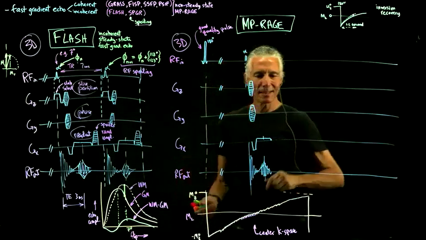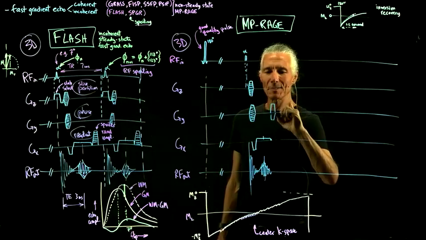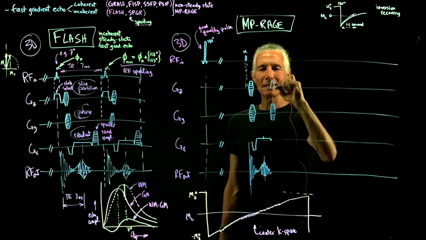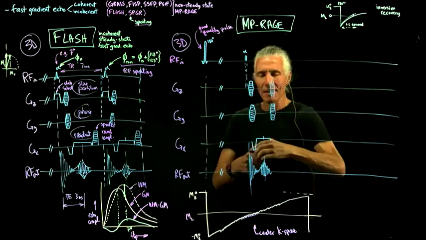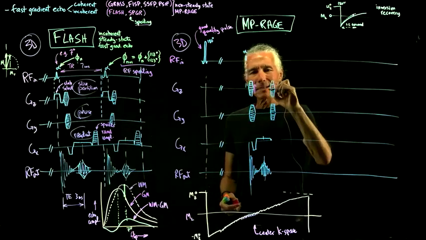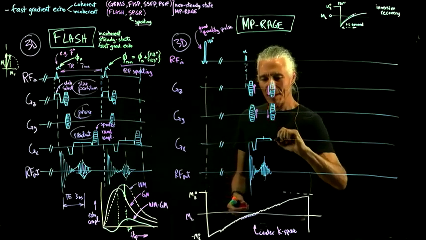Instead, what it has is a fixer. So it has something that looks more like GRASS, but just in the partition direction and the phase encode direction. So the idea is that if we're going in that direction, then go in this direction, and go in that direction, but don't do anything here.